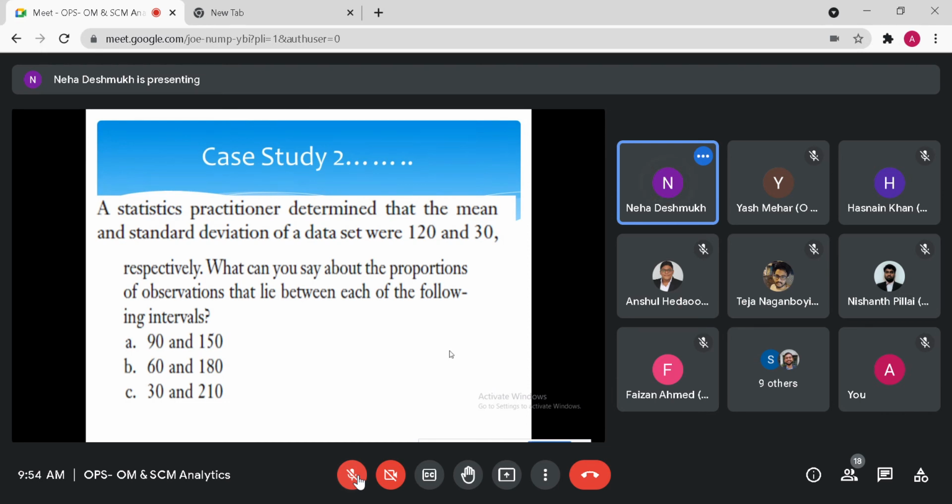Done? Yes, class, are you there? Ma'am, is it skewed or normally distributed? They didn't mention. It is skewed. Okay, ma'am.